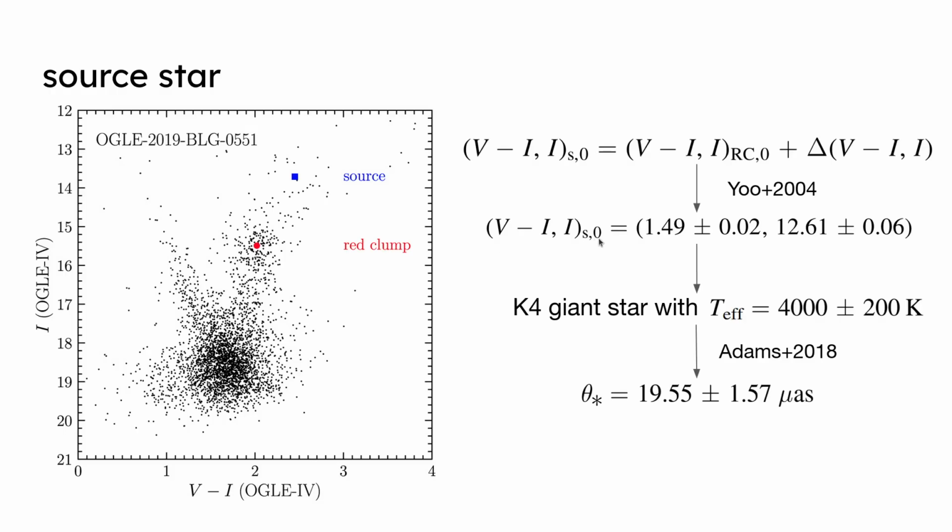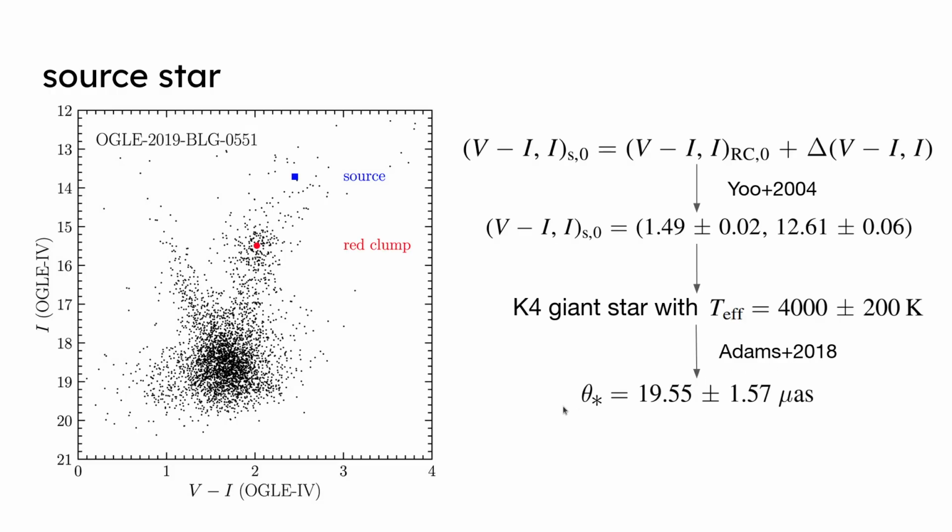So once you've obtained these dereddened values, they identify the star as a K4 giant star with effective temperature of 4000 Kelvin, and through it, and I guess some theory from this paper, they get the value of the surface brightness of the object in that band, and then as you have the flux and the surface brightness, you can get the angular size from there.